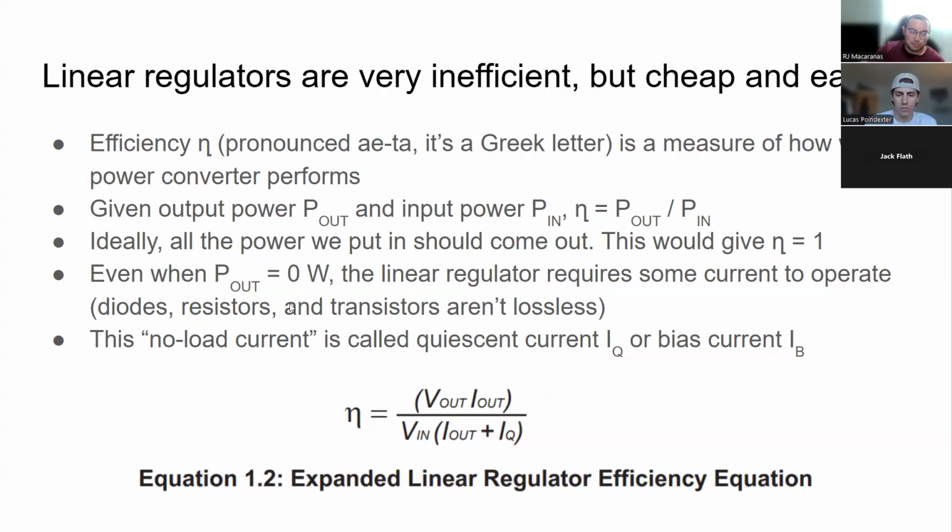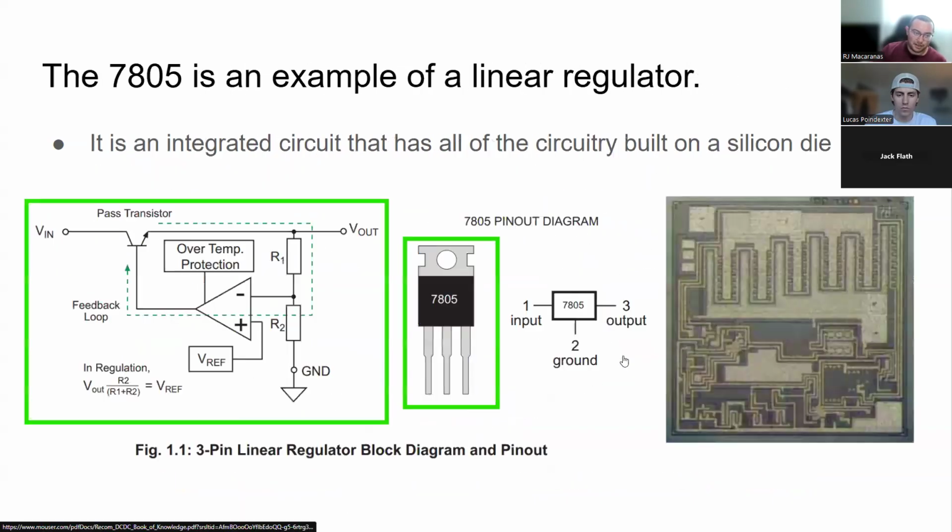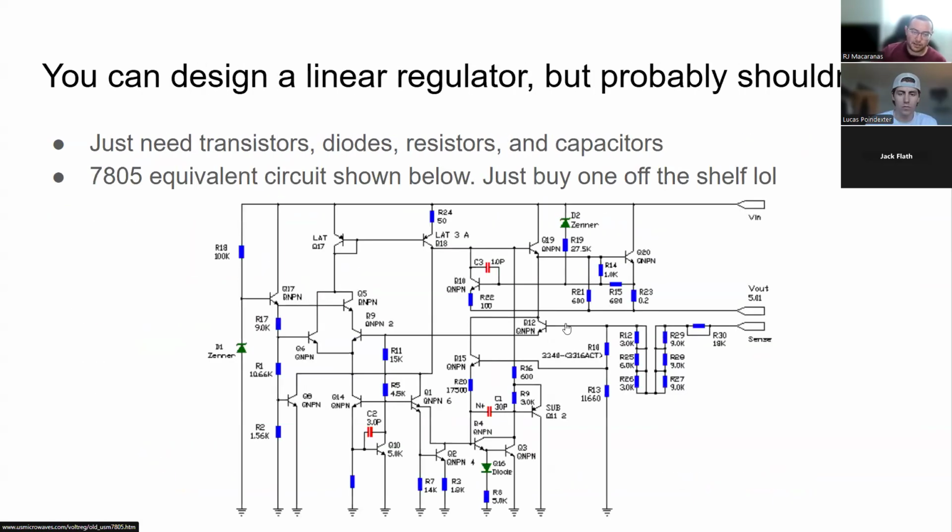Even when the output power is 0 in this linear regulator, there's a bunch of other circuitry going on here. Whenever we apply some input voltage, even if the output doesn't have any kind of load attached, so imagine there's no current being drawn from this output pin, there still needs to be some current flowing through a lot of these other devices.